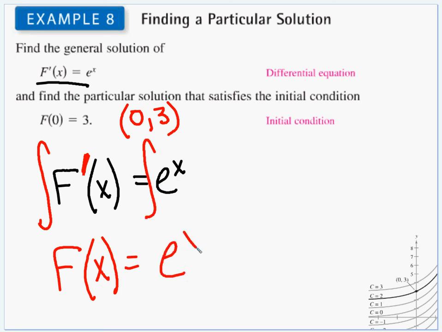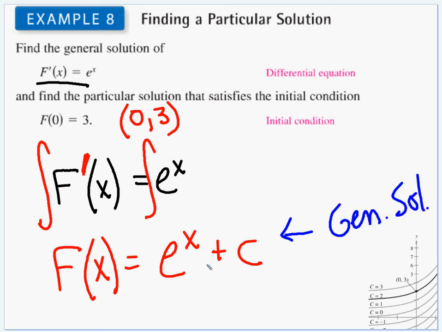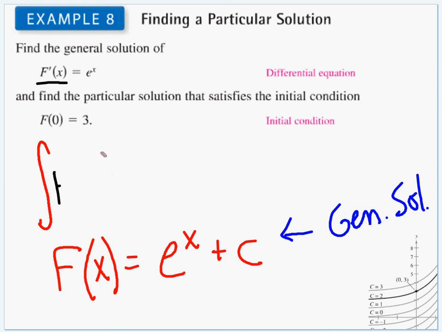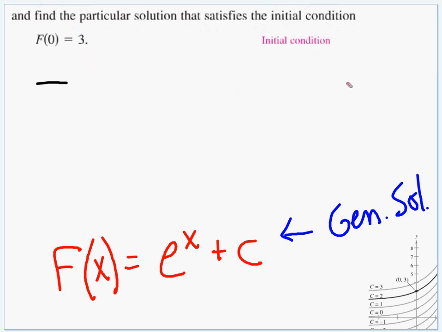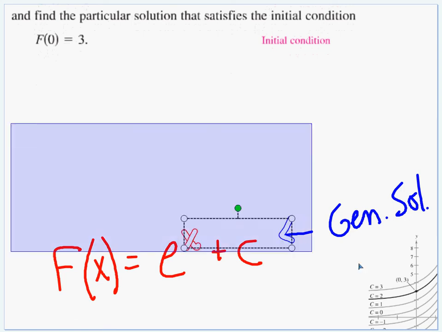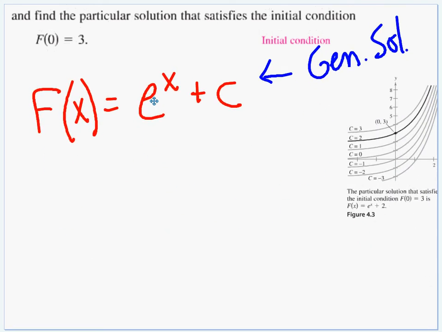Well, that's e to the x plus c. Again, just for clarity, this is the general solution. We've antiderived. It has a plus c on the end of it. Let me get this up here so I have a little more room to work. So there's our general.